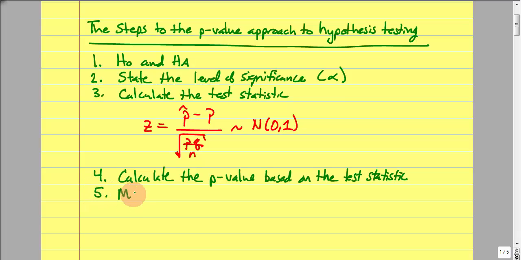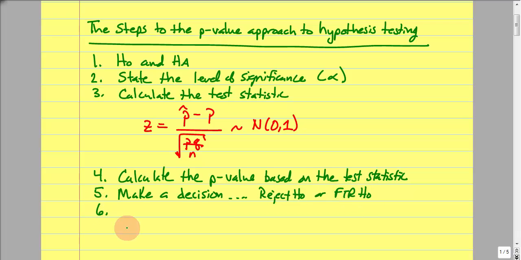Step 5 is to make a decision, draw a conclusion, and the only two decisions I can make are to reject H0 or fail to reject H0. Those are my only two options.